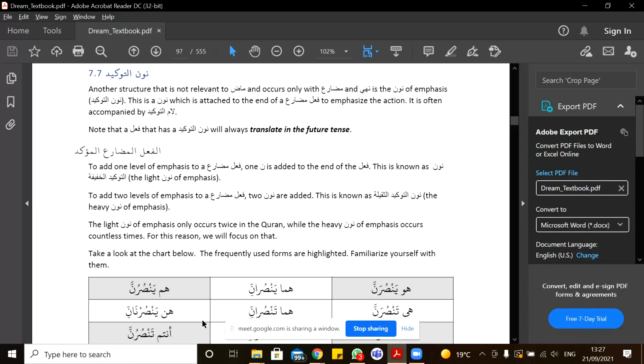Ustaza, what does muakkid mean? What does muakkad mean? Okay, muakkad means, let me search. I don't remember.